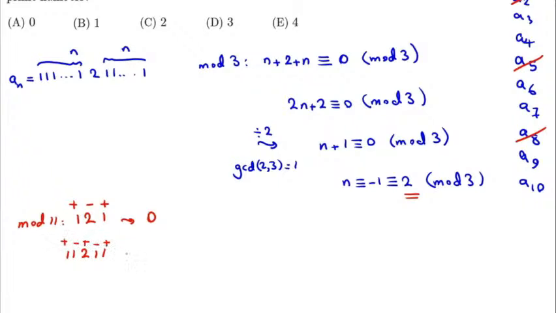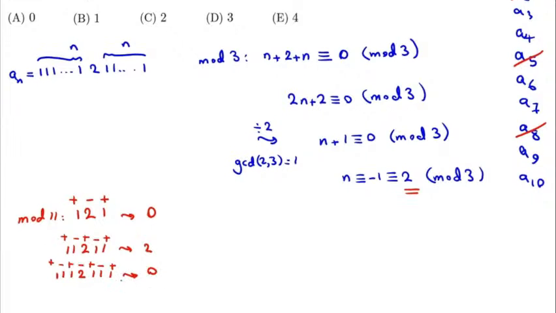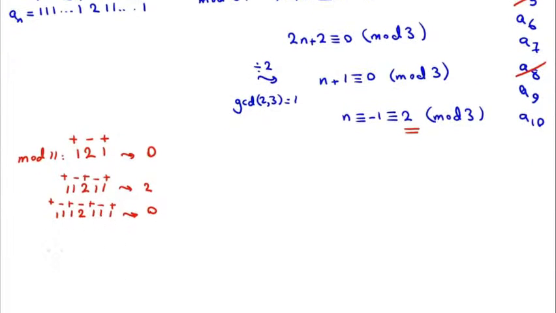It won't be 0, it will be 2. If you consider 3 digits, 1, 1, 1, it will be plus, minus, plus, minus, plus, minus, plus, and it will be 0 again. And obviously, if you have odd numbers, it will alternate plus, minus, plus, and at the end we will reach plus.